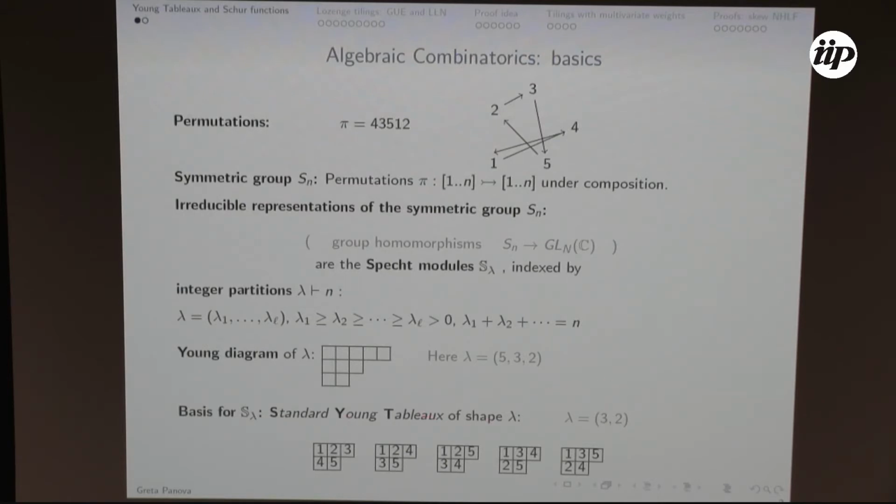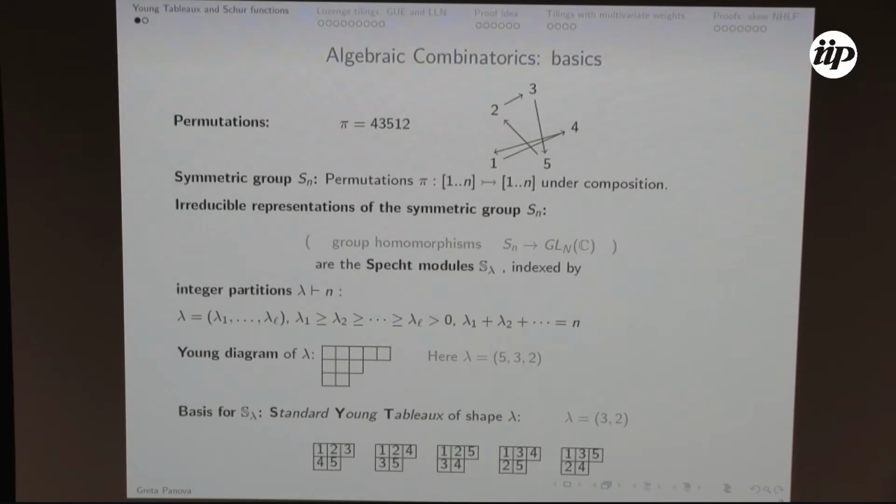So this is another important notion that will come into the study of tilings and other models. Standard Young tableaux are just assignments of the integers from 1 up to n in the boxes of this Young diagram, so that each integer appears exactly once, and they are increasing along rows and down columns. And these objects themselves have a lot of interesting properties and are subjects of many studies.